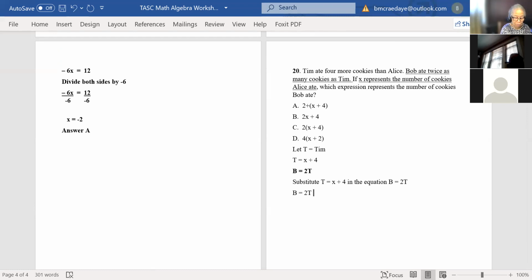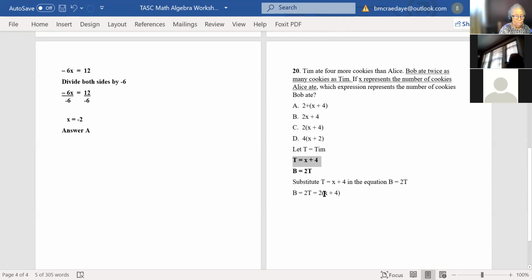All right. So if I substitute, that's going to be 2 times what? 2 times X plus 4. Follow? Remember I said T is X plus 4, right? So I just took that T equal X plus 4 and put it in for my T in my Bob formula.